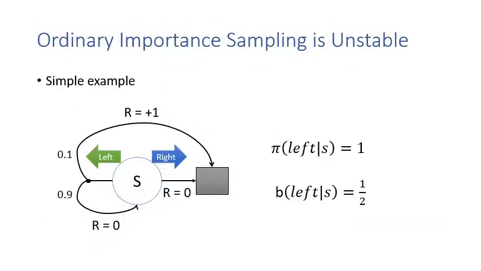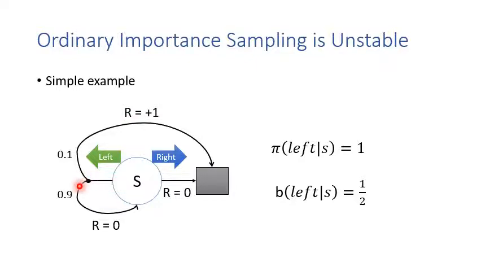Let's see a simple problem that shows that ordinary importance sampling is unstable. In this simple problem, we only have one state, and there's a terminal state shown as a gray square. We have two actions, go right or go left. If you go right, the reward is 0. If you choose to go left, there is a 0.1 probability that you go to the terminal state and receive a positive reward of 1.